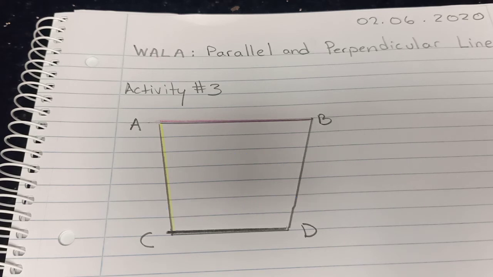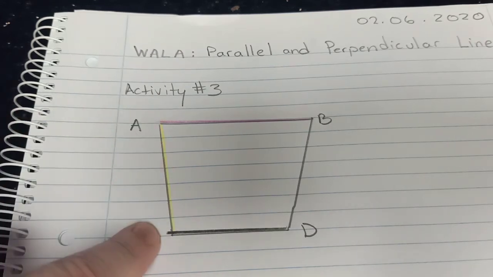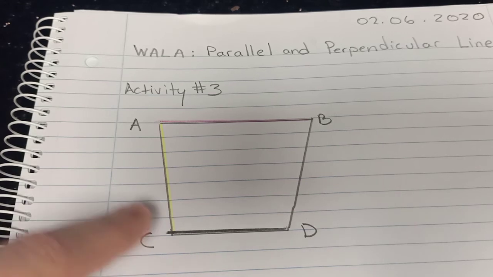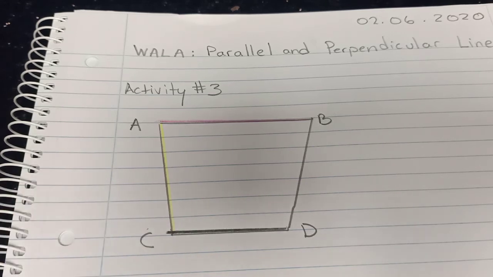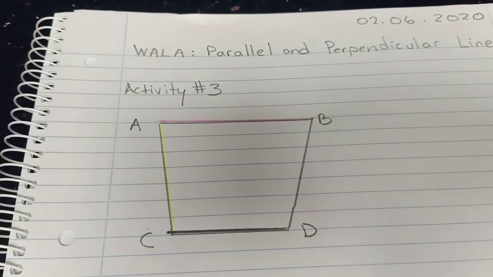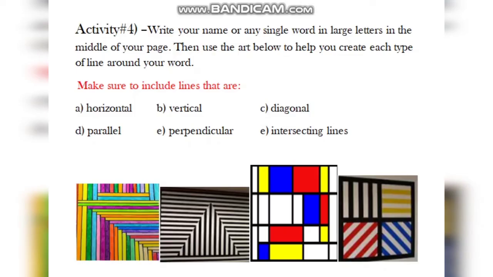I want you to put your answer in your book. And then line AC. So we're looking at line AC again, and we're looking at CD. So what do you think? Are they perpendicular? Is that a perfect right angle? Or is the line leaning back a little bit? What do you think? Can you put your answer in your book?